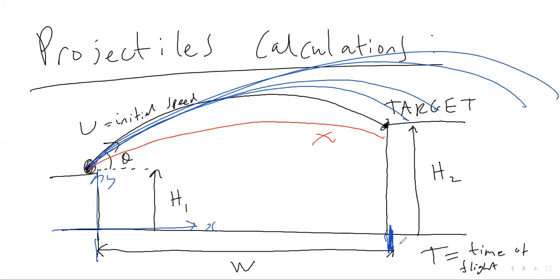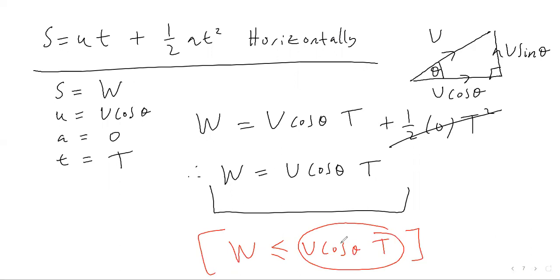This width there is a fixed number, but you want to get a target at least as big as that. So you want to get these blue lines here. You could do that, you could do that. So your u cos theta times T has got to be bigger than W. If you get a question like that, just bear that in mind. You just have the inequality sign there, so all the calculations remain the same.